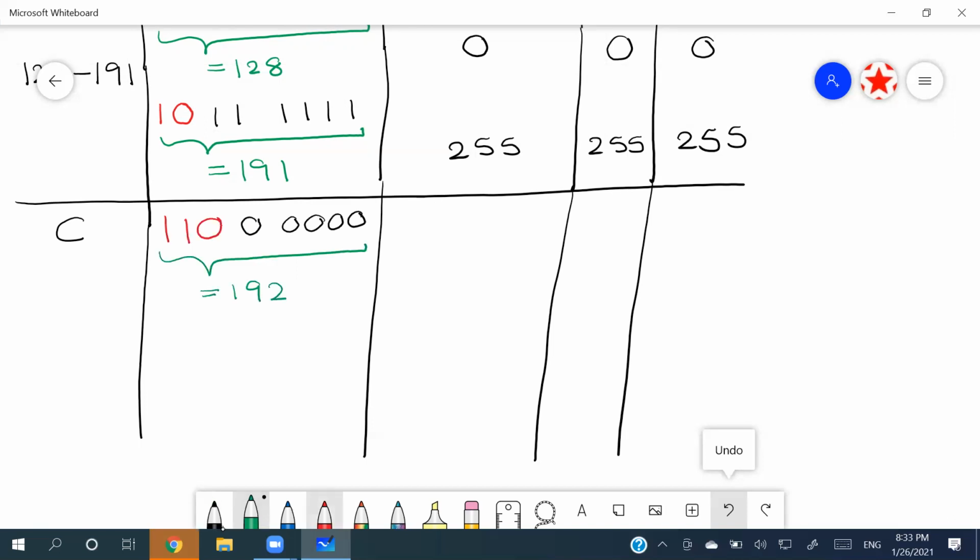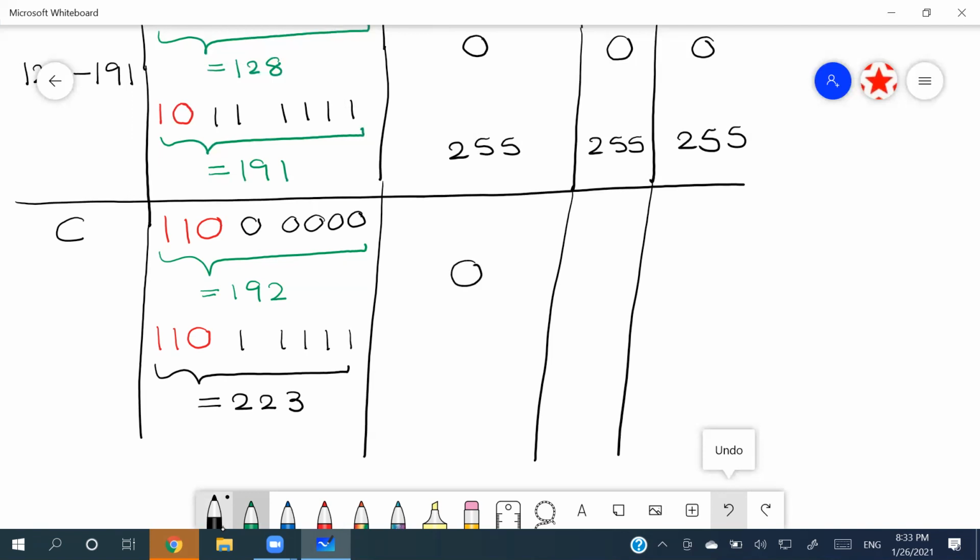and the most value is going to be all ones, which gives you the value as 223.